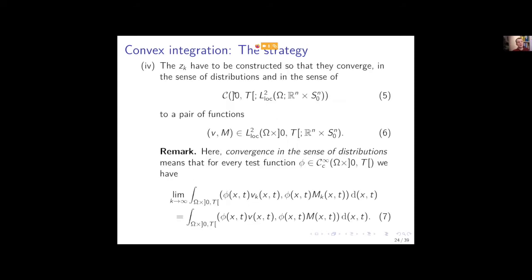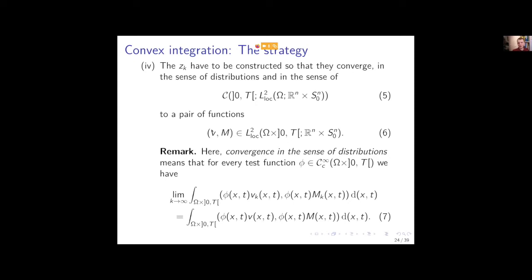And the idea is that these solutions converge in the sense of distributions to a pair of functions that is locally square integrable, v and m. So you have the sequence of solutions that converges to two functions. So also we have the Zk, they converge to a Z. In this case, we're looking for a pair velocity and the matrix, right?